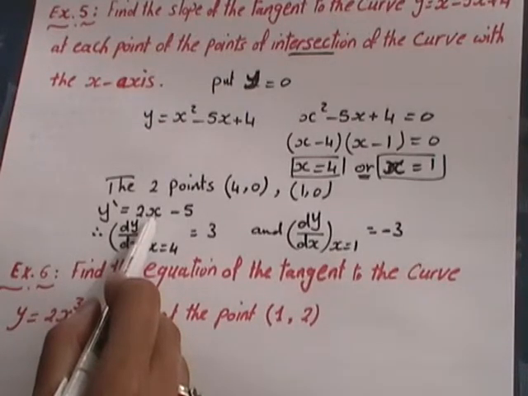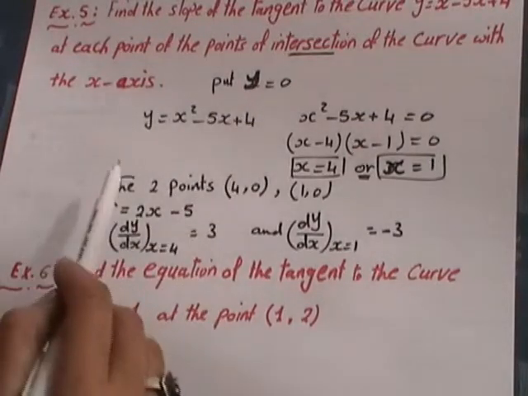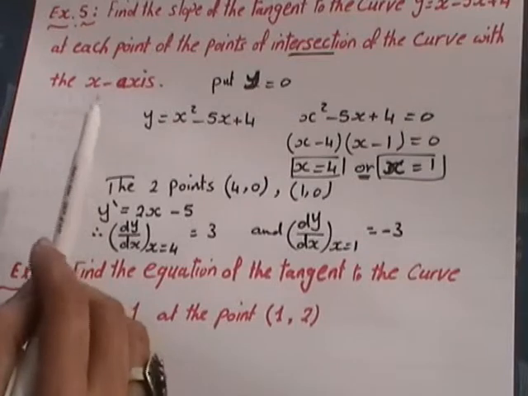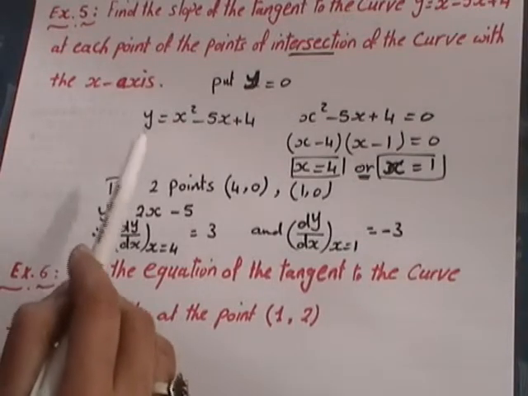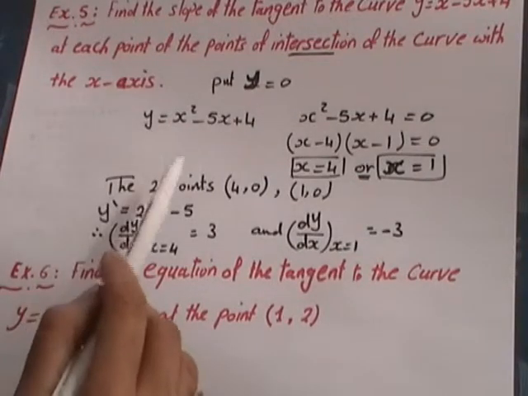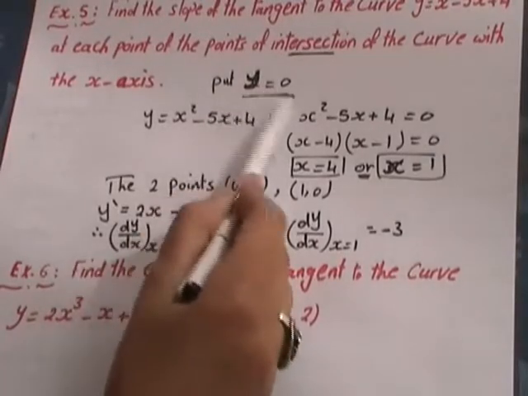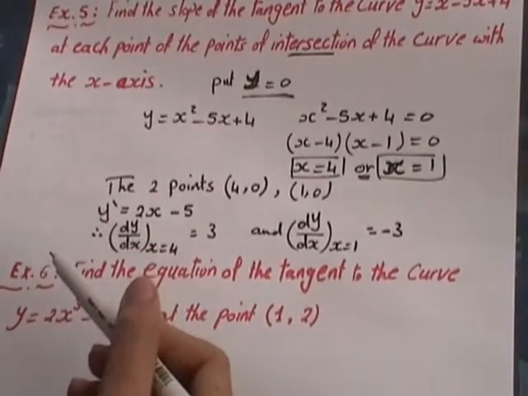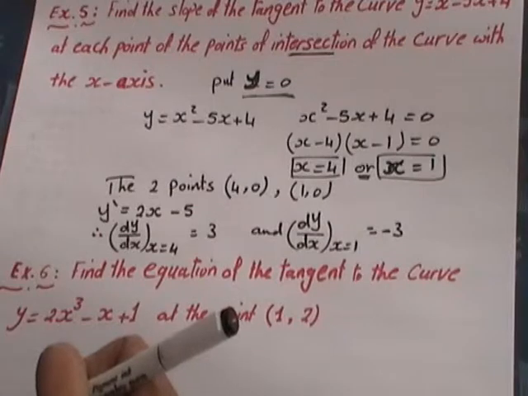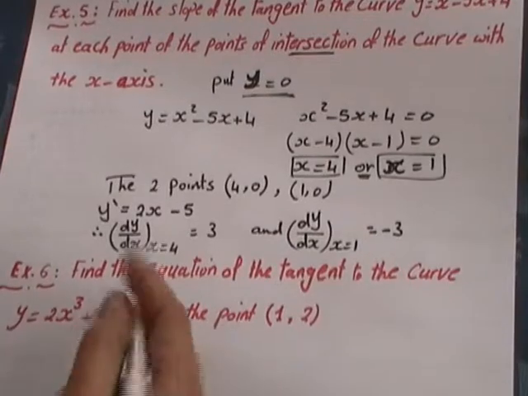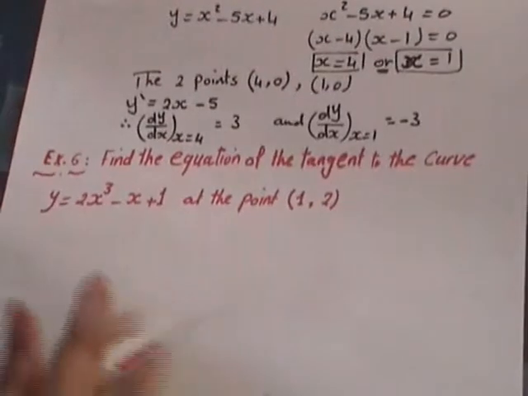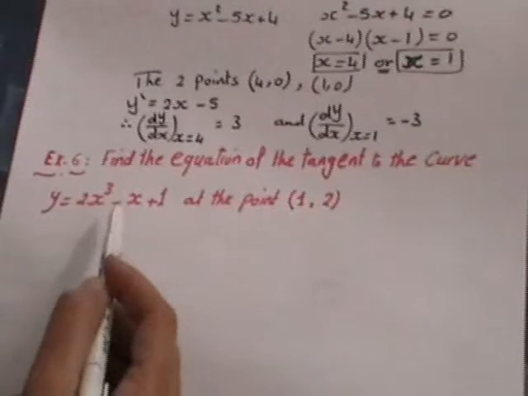Then, at the 2 points of intersection of the curve with the x-axis, meaning that y equals 0, we must find the points first, then we find the first derivative at x of these 2 points. Okay? Let's see another example.